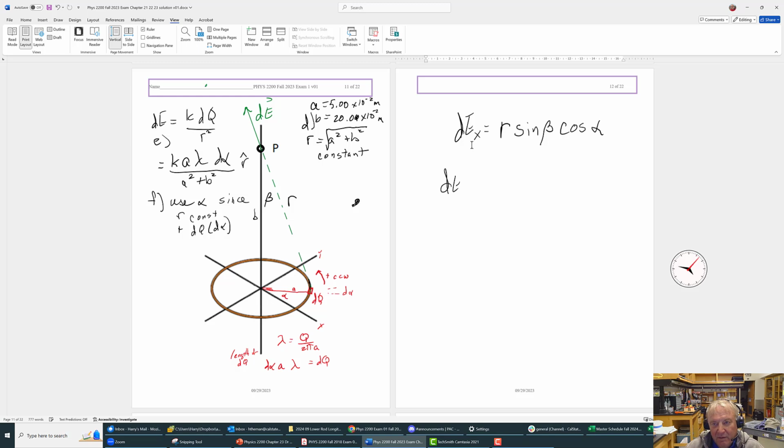And dEy, in terms of angle beta, that's our cosine of beta. Let's be real careful here. Yeah, it's the adjacent of that, because beta, if I could find the cursor, beta is also up here.